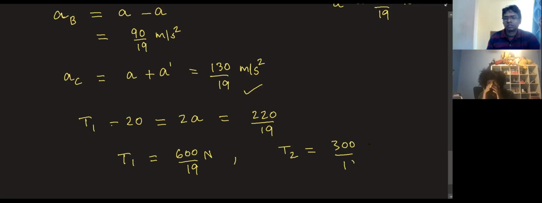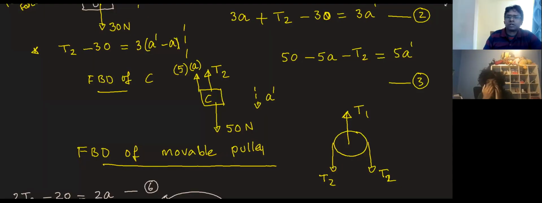Okay. So do you get this problem? If you recall, in the previous class, we did one problem. I think in that problem, we didn't have 3 blocks. We had only 2 blocks. We figured out the relation between the accelerations of the blocks, and then we pretty much solved for the accelerations and the tensions.